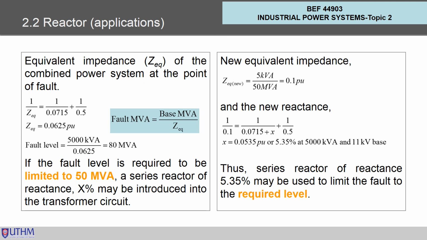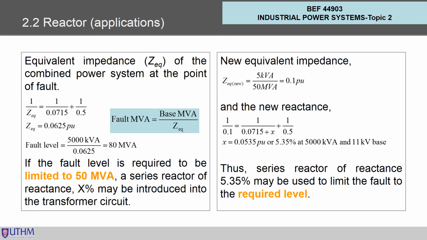So we have to calculate the new equivalent impedance for the fault level of 50 MVA. By using this formula, we can calculate the new Z equivalent, which is equal to 0.1 per unit, because the fault level is limited to 50 MVA.